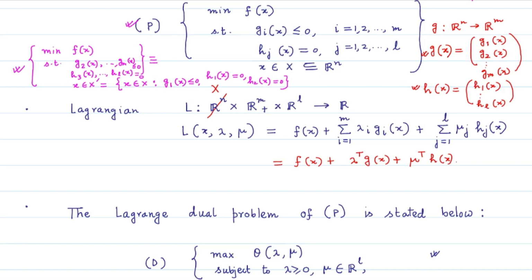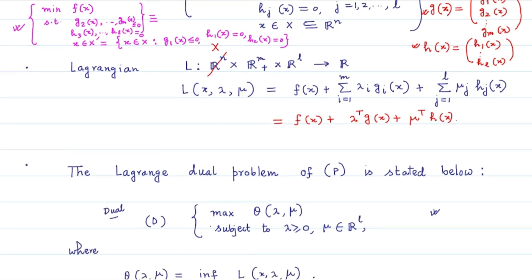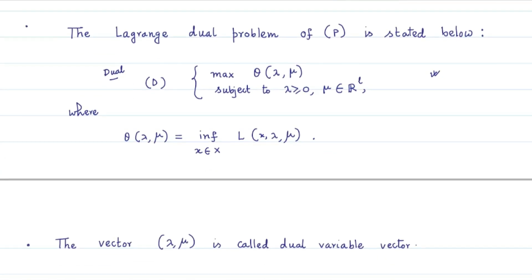Both primal and dual are derived from Latin origin, and it was Tobias Dantzig who gave this name primal for this original problem with which we have started, for which this problem D is the dual. So in our discussion, we will refer to this original problem as the primal problem and this problem as the dual problem.